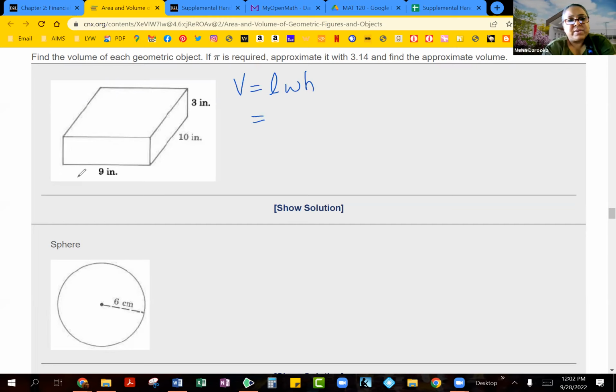Our length is 9 inches, width is 10 inches, and the height is 3 inches. Can you tell me what this comes out to be? You are doing inches times inches times inches, so of course, cubic inches. You can write CU for the cubic. So cubic inches would look something like that. What will this answer come out to be?